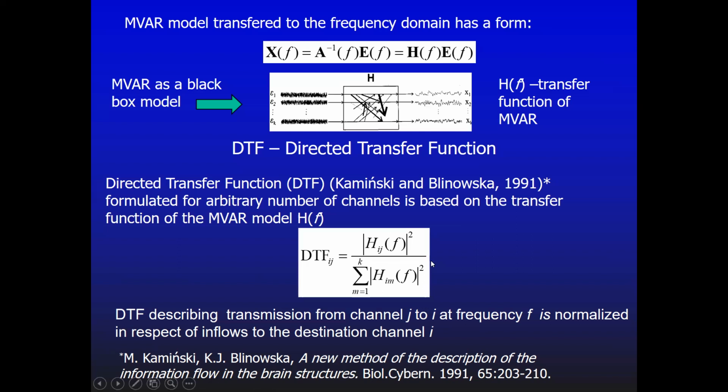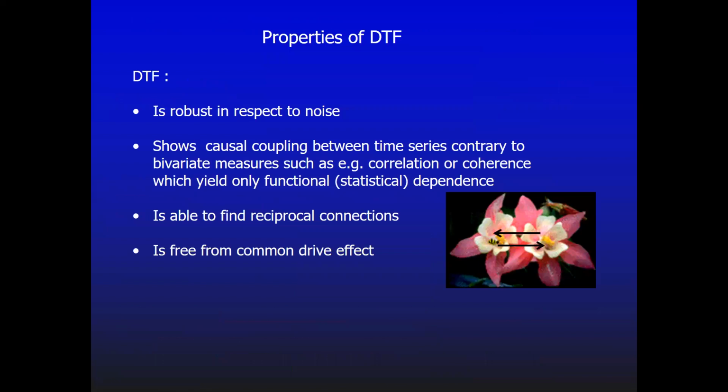It is normalized in such a way that transmission from channel j to i at frequency f is normalized in respect of inflows to the destination channel i. However, also non-normalized directed transfer function sometimes is used when we want to compare the strengths of the connections. So DTF is robust in respect to noise.